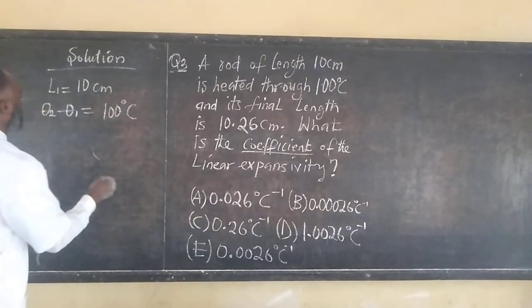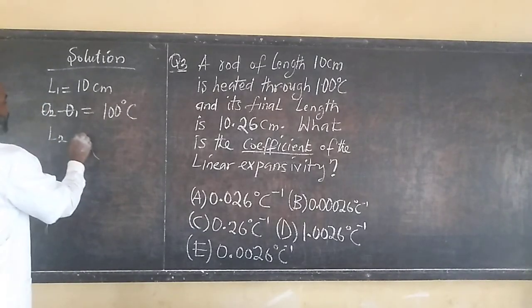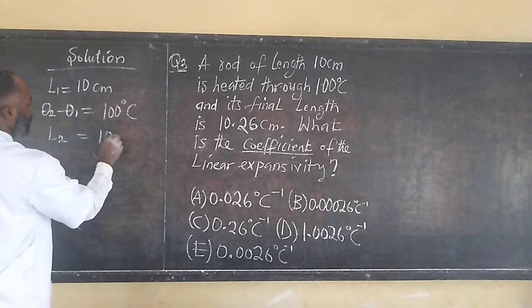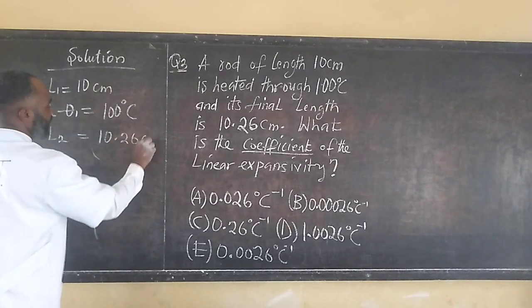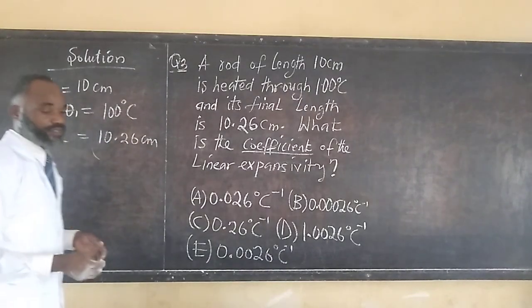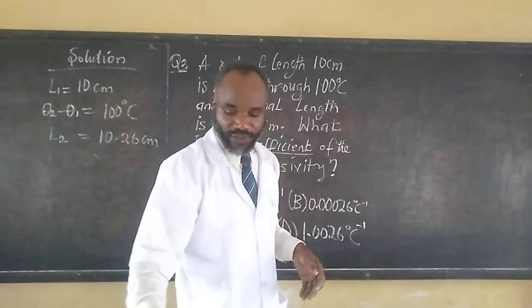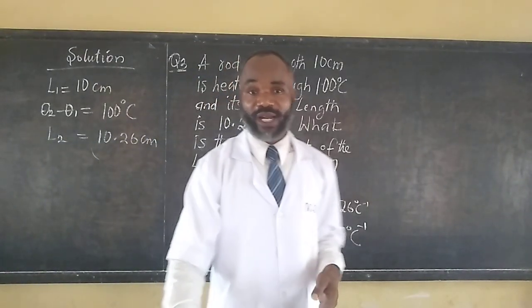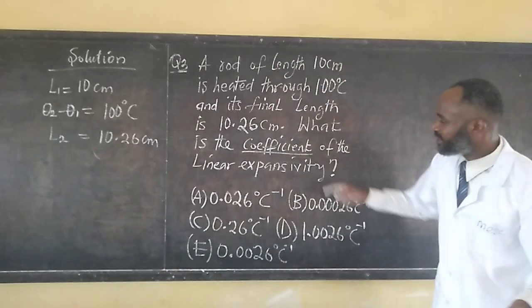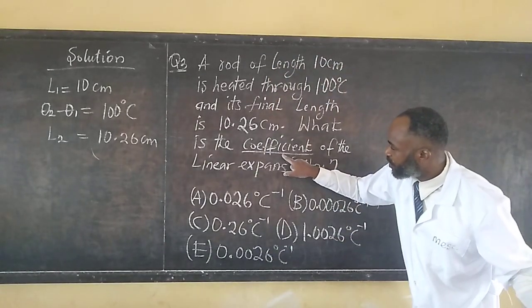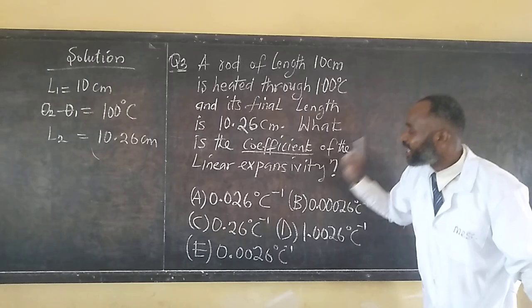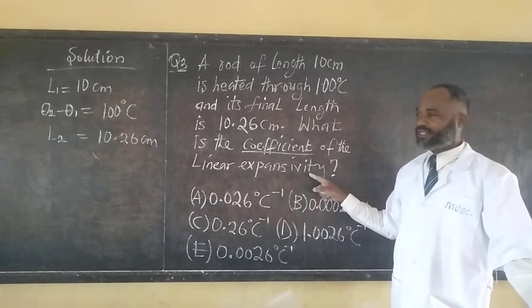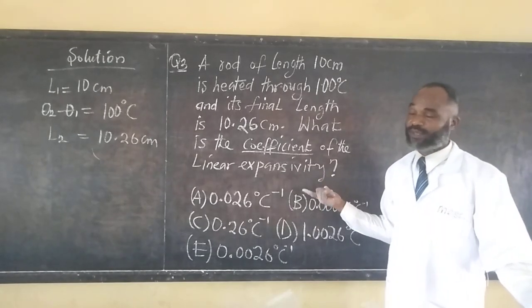And its final length, L2, is given as 10.26 cm. Oh my goodness. If you're not careful, as a student, you'll be thrown off balance by this singular statement, coefficient of the linear expansivity. I think this also means linear expansivity of the material.